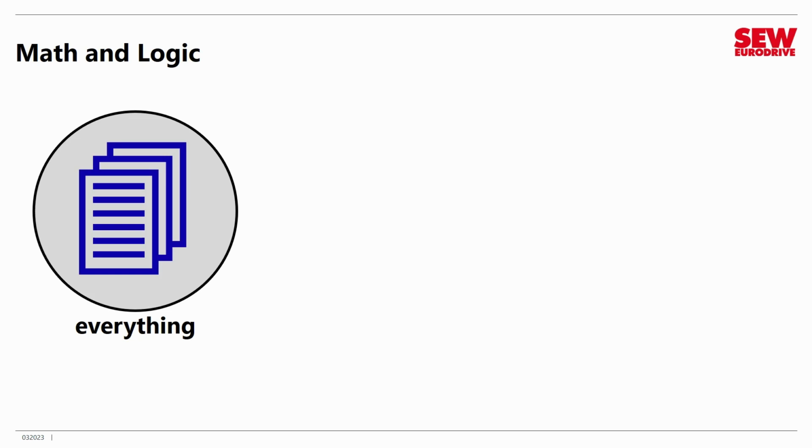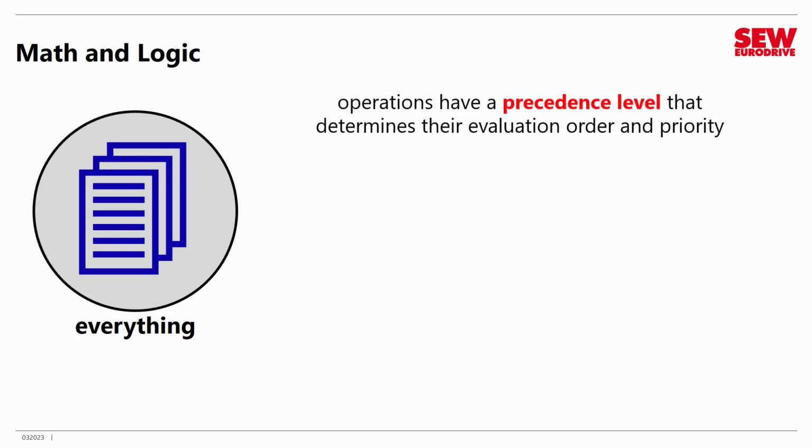Another topic to do with all 3 categories, and that is something called precedence. All operations in math and logic have a precedence level that determines their evaluation order and priority. What does that mean? It means if you set up a bunch of different operations that they have different priorities. Certain things get evaluated first, other things come later.